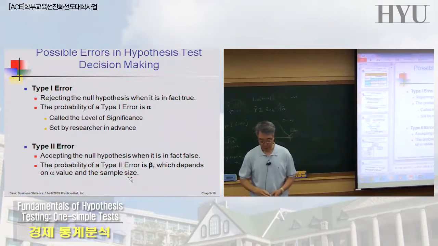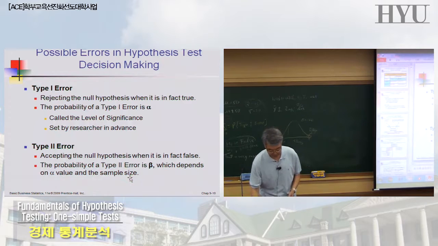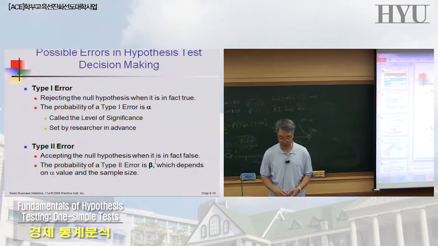How about type 2 error? Type 2 error is the error of accepting the null hypothesis when it is in fact false. That could happen. According to this table, there are only two possible errors, this one and this one. It is possible that you accept it mistakenly when it is in fact false.